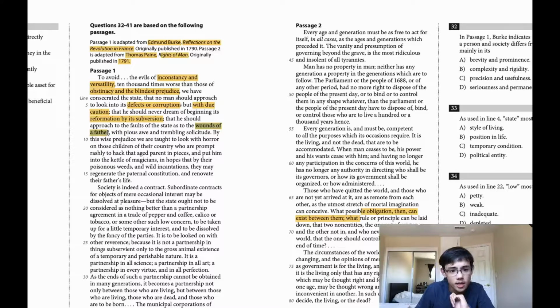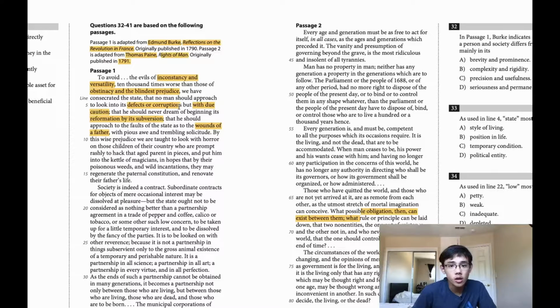So let's understand what the author is saying here. Burke is basically saying, to avoid these evils of inconstancy, of versatility, of change, we have to not nitpick at the defects or corruptions of the state. But if we are to do this, we have to do it with extreme caution. We should never try to reform the government.